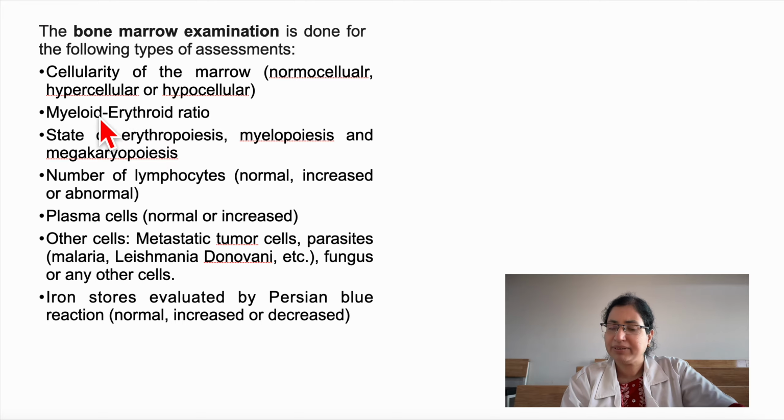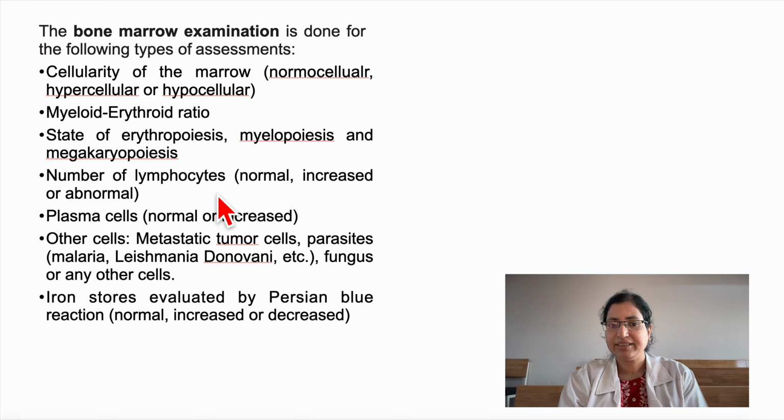For example, in leukemia, in blood cancer, the myeloid cells will be abnormally increased in the bone marrow. So this can help in the diagnosis of blood cancer. Myeloid cells will be converted into WBCs, and erythroid cells will be converted into RBCs.